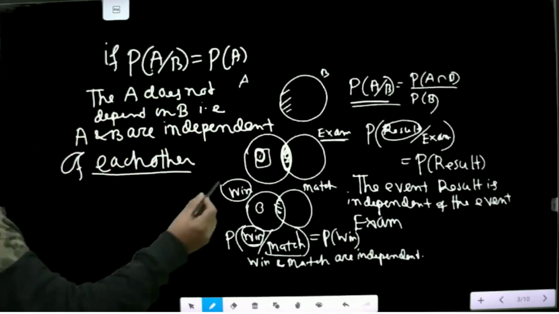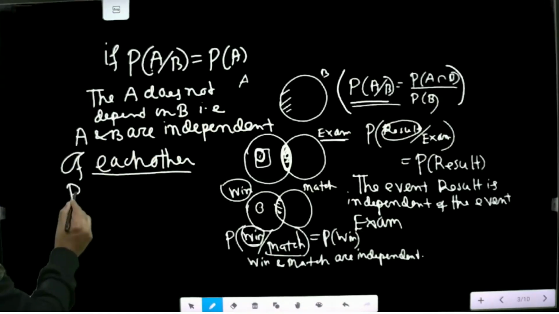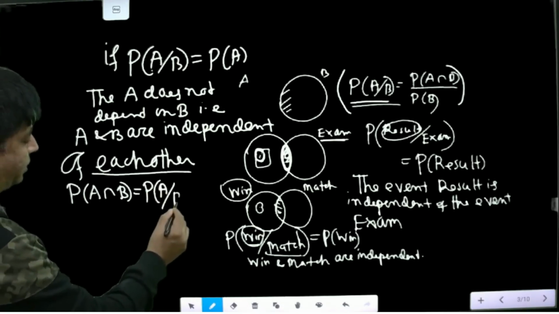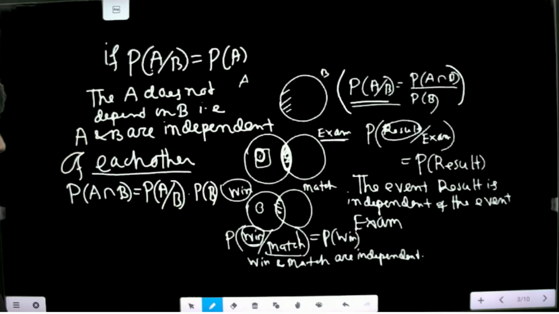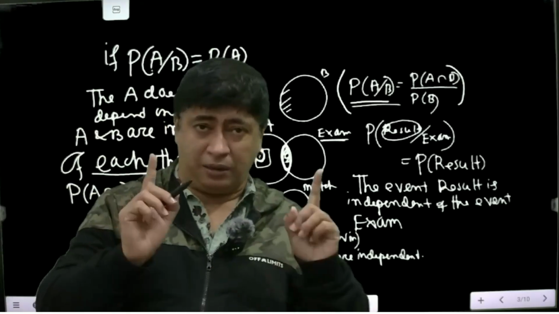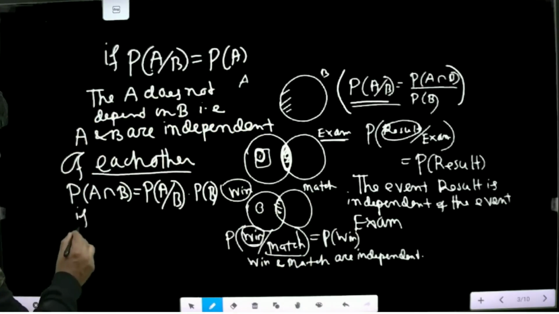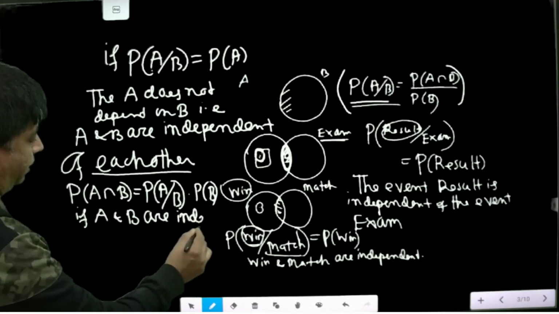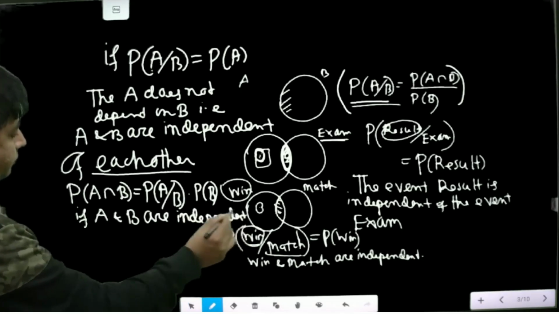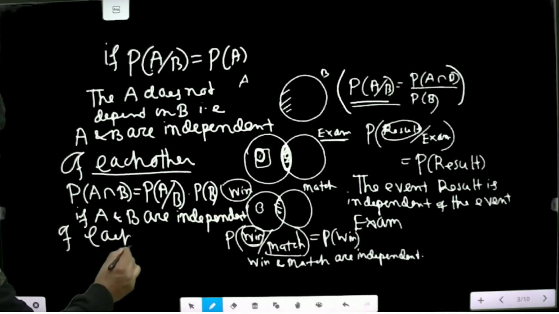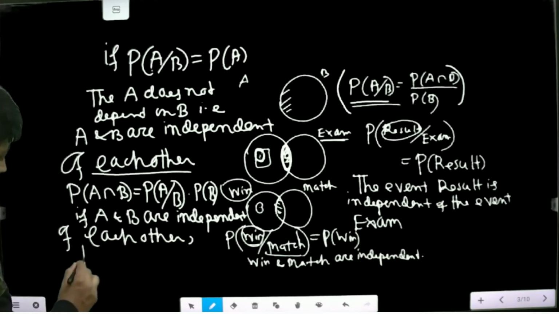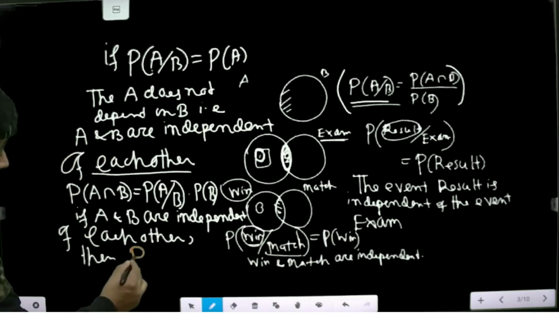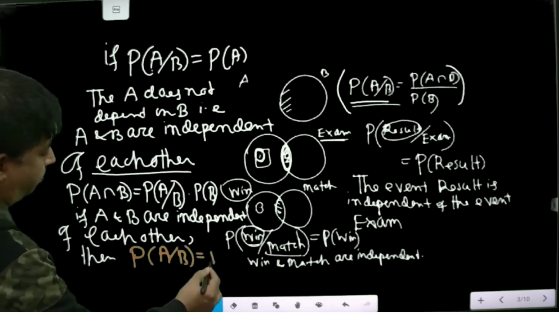So, what changes will come in the conditional probability formula if A and B are independent of each other? Let's see. We got this result that P(A∩B) is equal to P(A|B) into P(B). Now, if A and B are independent of each other, then what can I write? P(A|B) is equal to P(A).